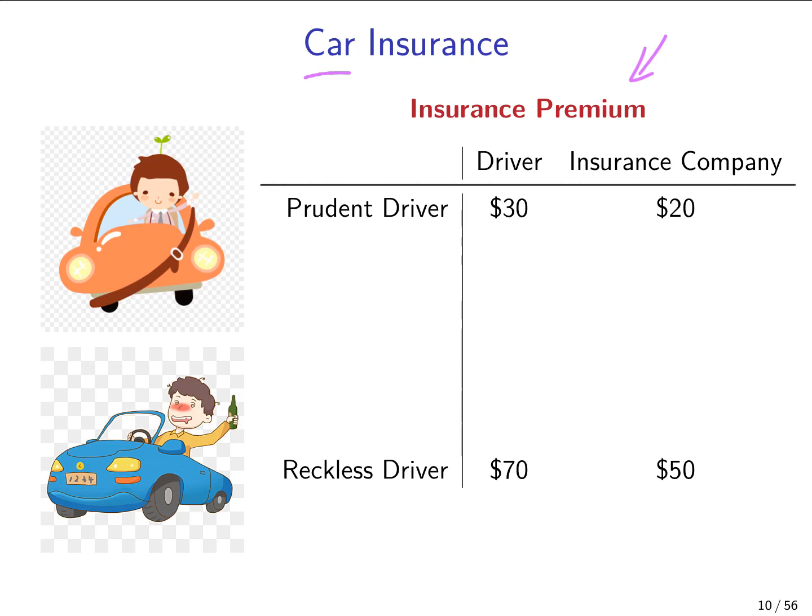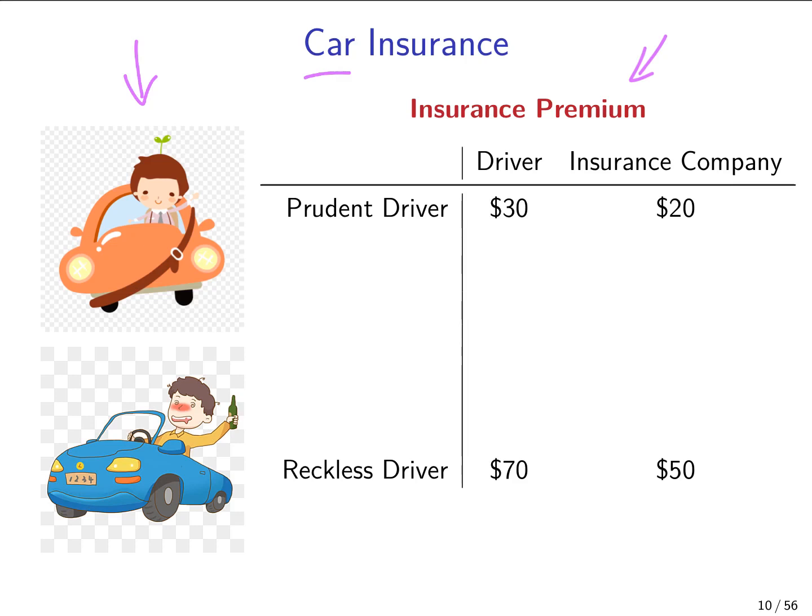So that's the price of the insurance. In the market, there could be two kinds of drivers. We could have prudent drivers who typically drive carefully and only get into accidents with low probability.